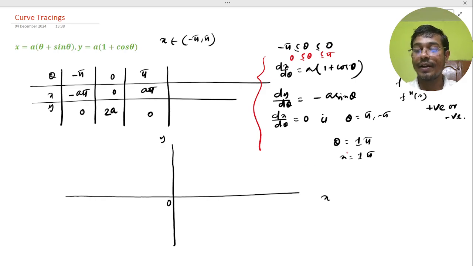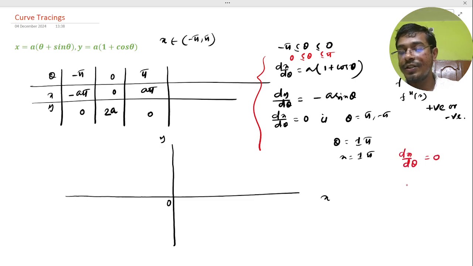Also for the tangent at theta equal to pi and minus pi, putting the first derivative dx d theta equal to 0, we get the tangent.